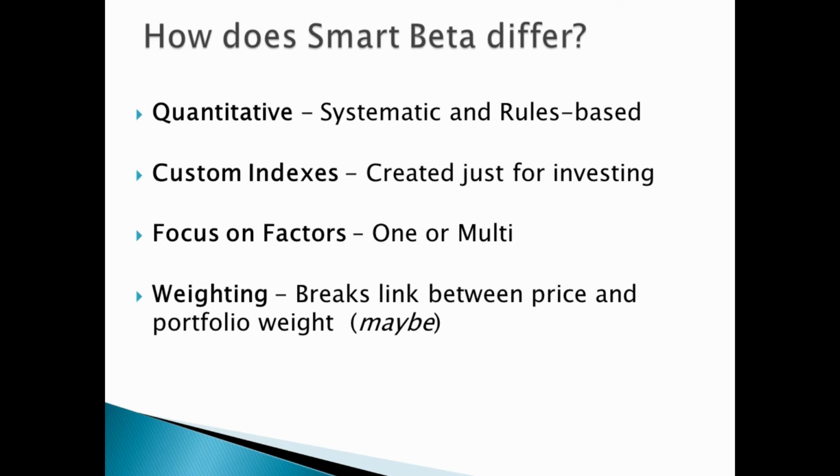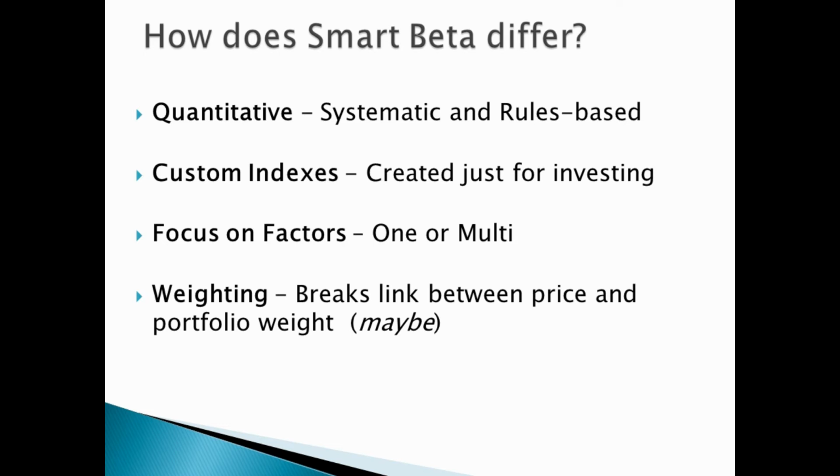It has rules-based. It has a custom index. So instead of saying, oh, we're tracking the S&P 500 index, each smart beta fund actually develops an index based on its rules and then simply follows the index that it created itself. So these are custom indexes designed just for investing.